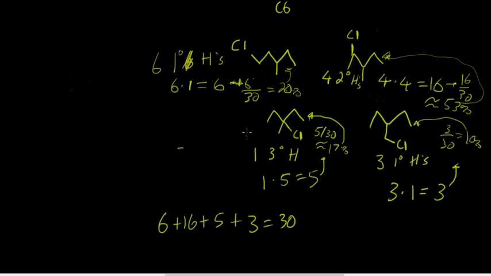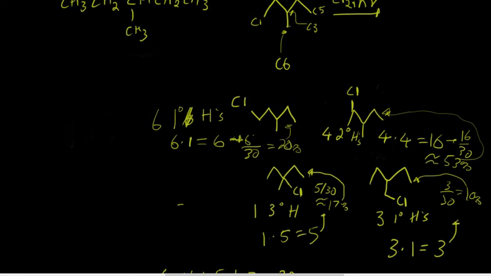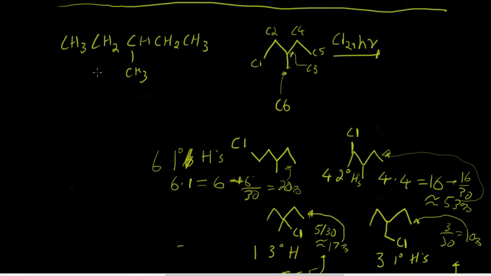So we multiplied the relative reactivity of each of the hydrogens by the number of hydrogens there. We summed those products up, and then we divided each product by the sum of products to get the percentage of each product. And this was an example where our alkane had several primary hydrogens, several secondary hydrogens, and a tertiary hydrogen.